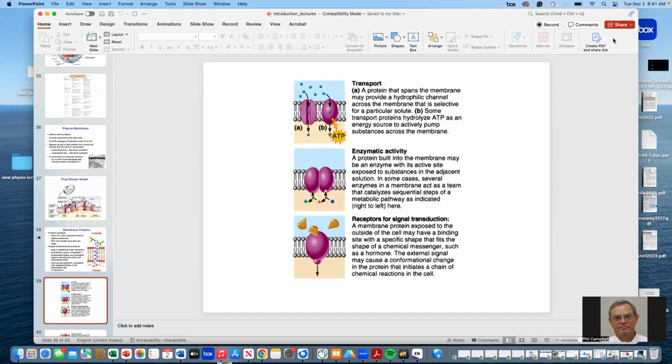Well, they dock up to proteins that are on the surface of the cell, and those act as receptors. Here's the signaling molecule. Here's the receptor. It binds to the receptor. There's this binding interaction. There's a transmembrane protein that will then pass that signal into the cell, right? So we have transport, we have enzyme activity, we have receptors.